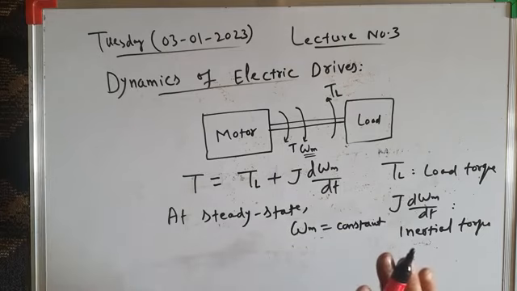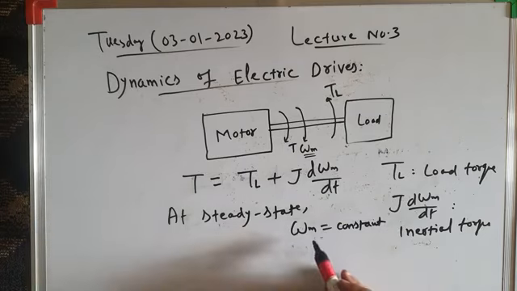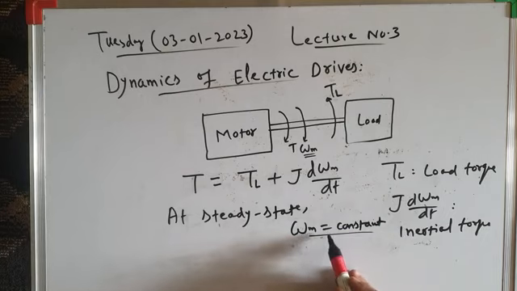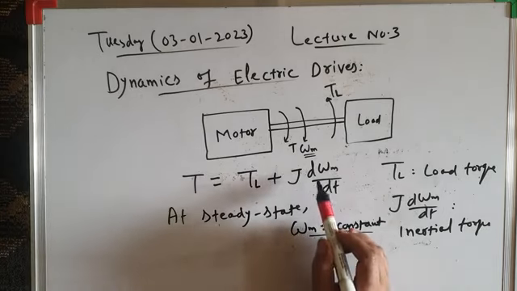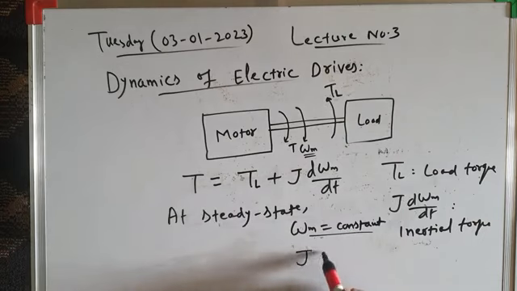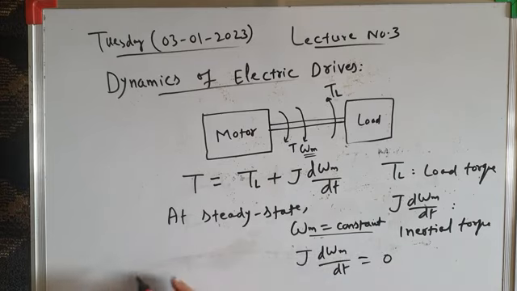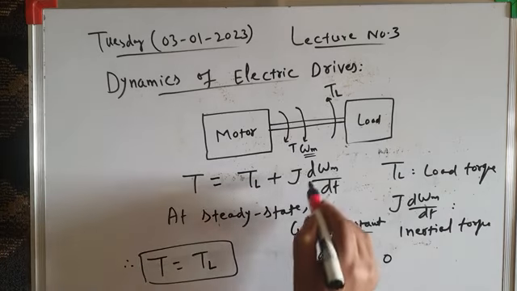Initially it was accelerating. During acceleration the speed was increasing, and finally it reaches the rated speed and runs at constant speed omega m. So what is the differential d omega m by dt? Since omega m at steady state is constant, this is equal to 0. So at steady state the torque developed by motor should be simply equal to load torque, because this term is 0.